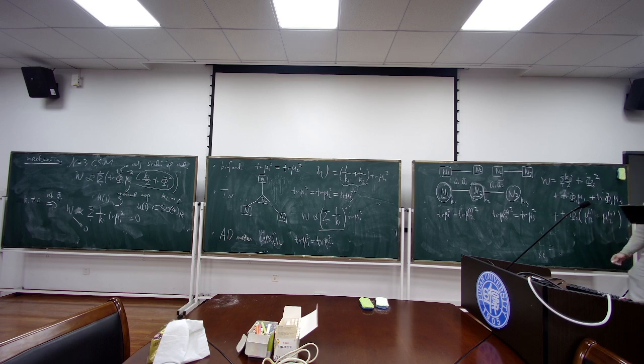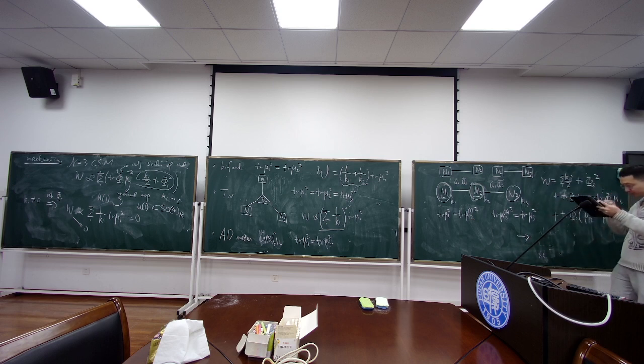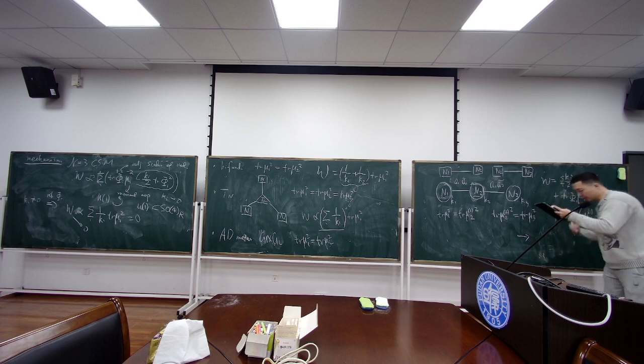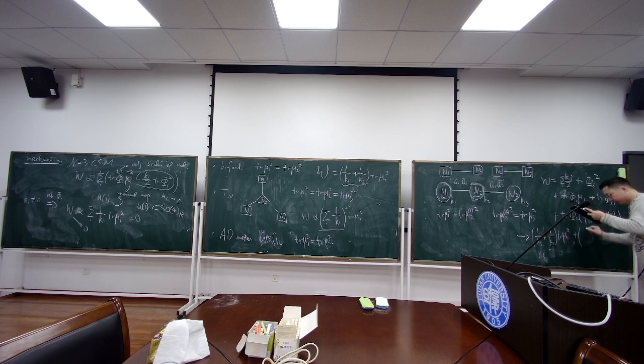Then after integration and imposing the constraint, we get K1 trace mu 1 square plus K2 trace mu 2 square plus K3 trace mu 3 square.